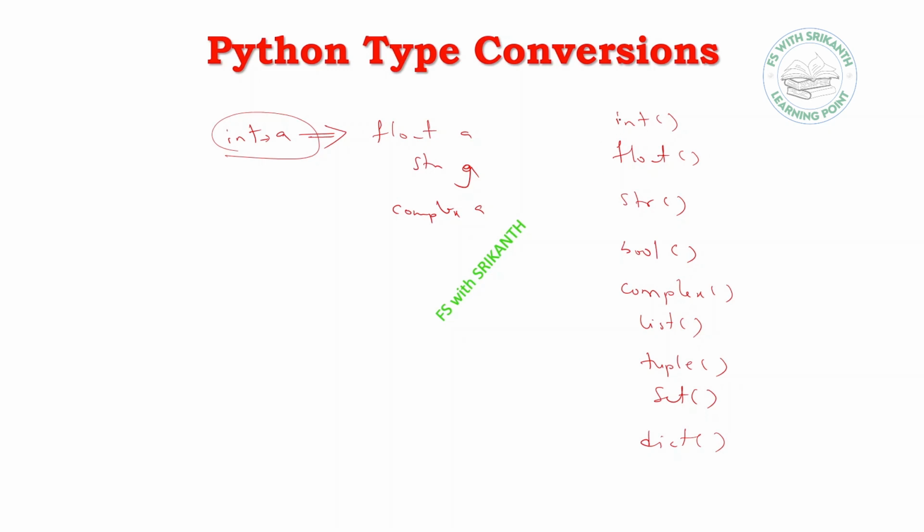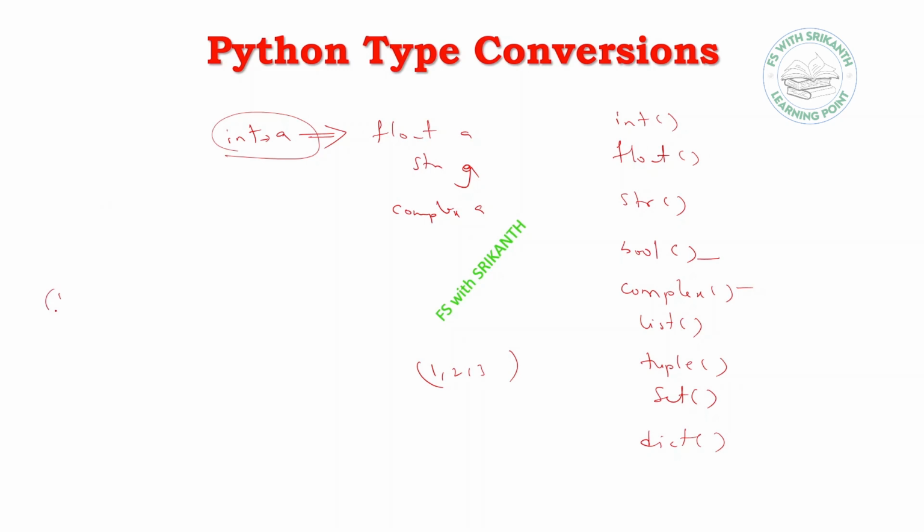With the help of int, we convert a value to an integer, float to a floating point number, and also to string, boolean, and complex types. List converts an iterable object, like 1, 2, 3, to a list, and similarly tuple, set, and dict. This type conversion can be done in two ways.